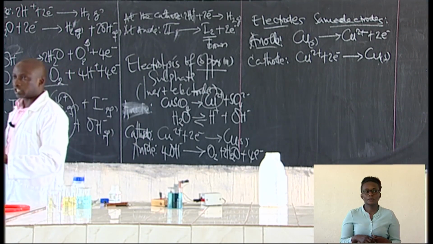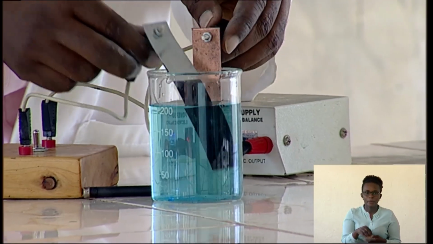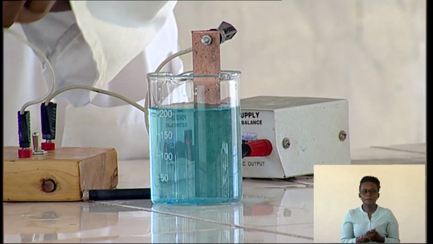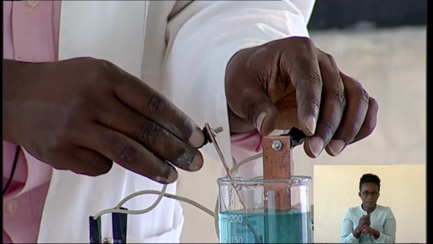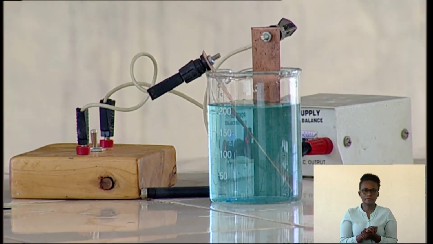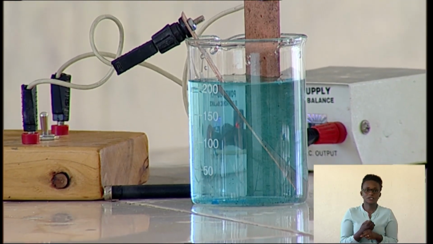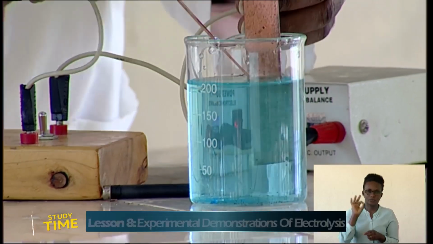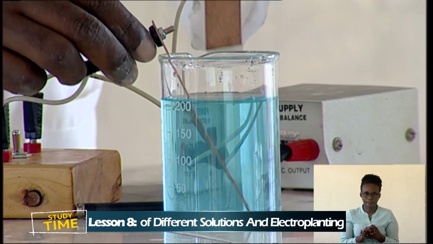Now, what if I change this zinc? If I put this electrode there, what will happen? Let us see. It was pure copper. We expect some other layer to come and coat. When you look at this after some time, there is no change.